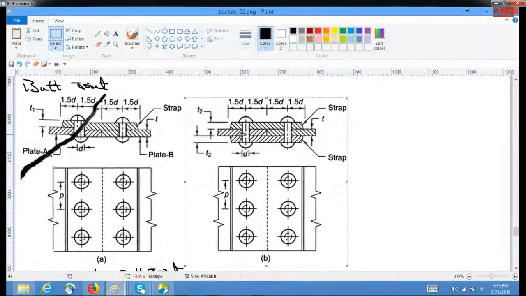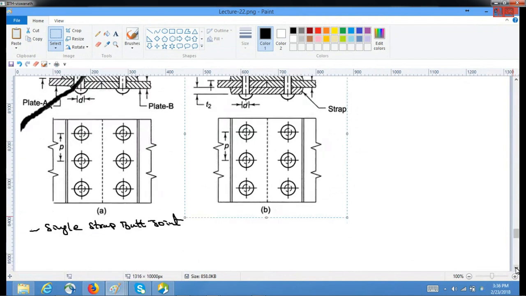Here is plate A, which is in between, this is plate B or plate 2, and they are connected by a backing plate or strap on the top side and on the bottom side. So this is called a double strap butt joint.